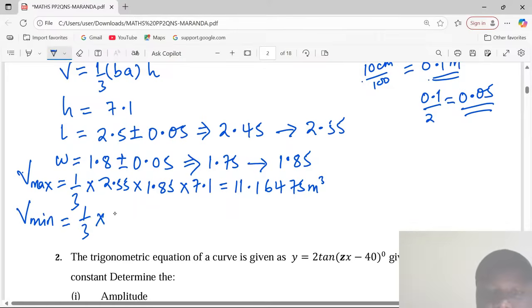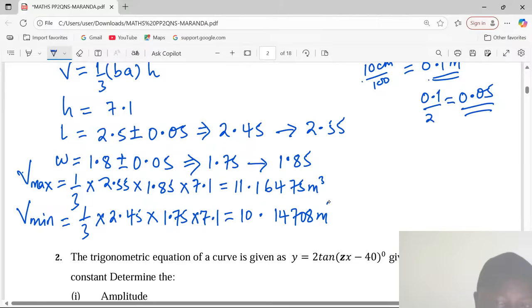Then we go to volume minimum, whereby for us to get minimum volume, we need a third times the minimum base, which is going to be 2.45 multiplied by 1.75, then the height, which is fixed, 7.1. This gives us 10.14708 meters cubed. We can talk about actual volume.